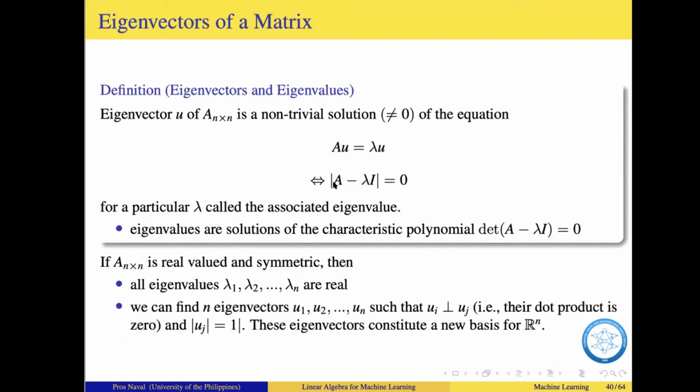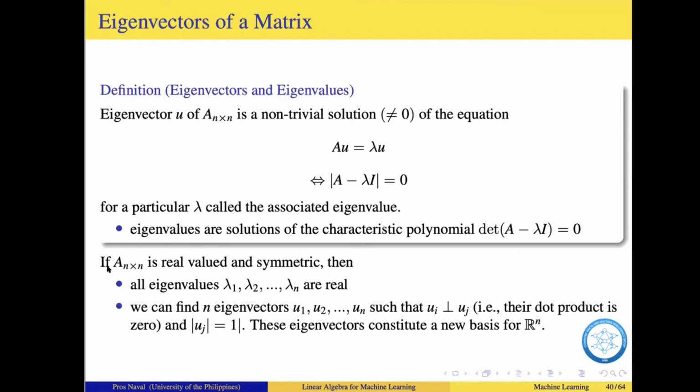There's a missing u here, so it should be the determinant of A minus lambda I. This implies that the determinant must be 0 for a particular lambda, called the associated eigenvalue. So eigenvalues are solutions to the characteristic polynomial, determinant of A minus lambda I equals 0. I think this is correct.